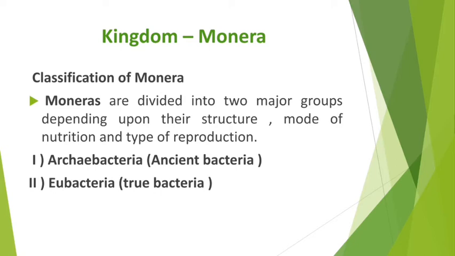So my dear student, depending on structure, mode of nutrition and type of reproduction, kingdom Monera is broadly divided into two groups. Number one group is Archaebacteria, commonly known as ancient bacteria, and number two group is Eubacteria or true bacteria.